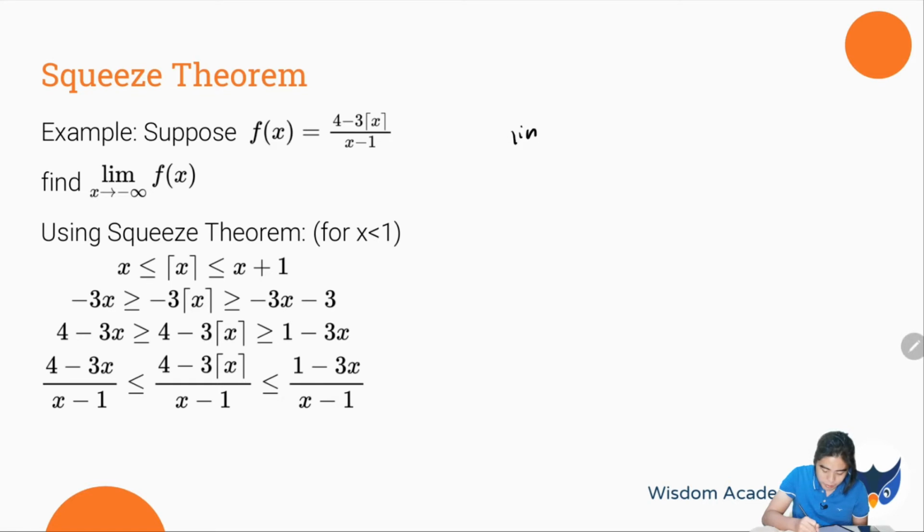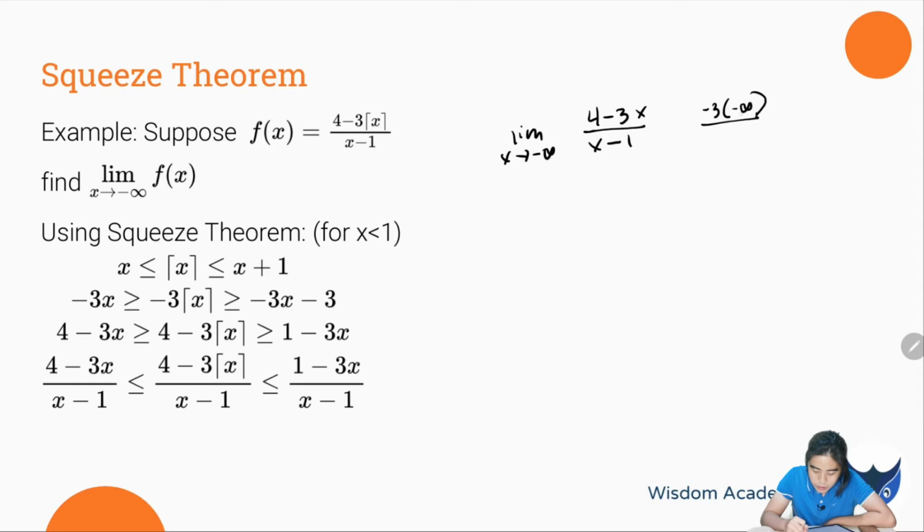Substituting negative infinity dito, negative 3 times negative infinity over infinity will be equal to infinity over infinity. Since it is an indeterminate form, magmamanipulate muna tayo ng expression natin.